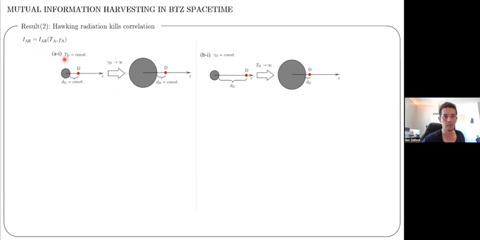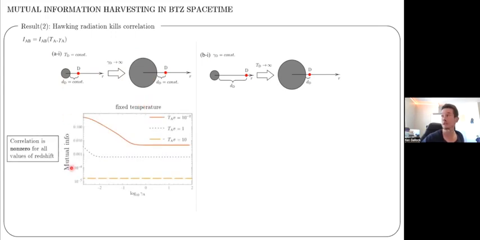First, let's look at the case where temperature is always constant. In this case, you can easily check that it corresponds to a scenario where the proper distance of the detector is always fixed, but the size of the black hole changes.